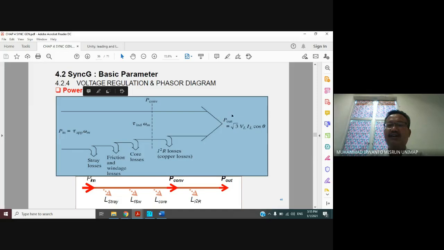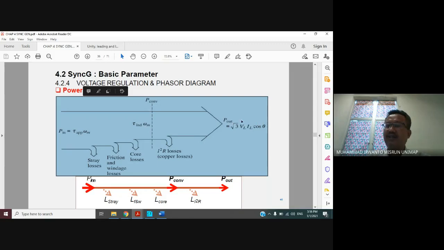The last is the output power. The input power is given by the applied torque multiplied by the mechanical speed. During the process we have friction and windage losses, core losses, and copper losses. After that, electrical is produced. P output is given by square root of 3 VL IL cos theta.